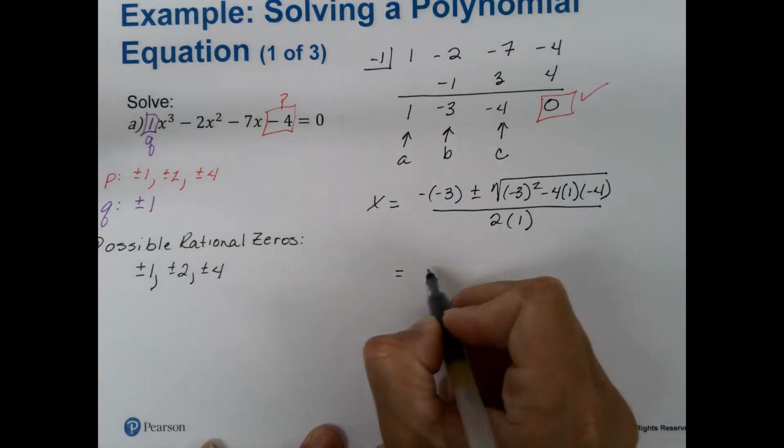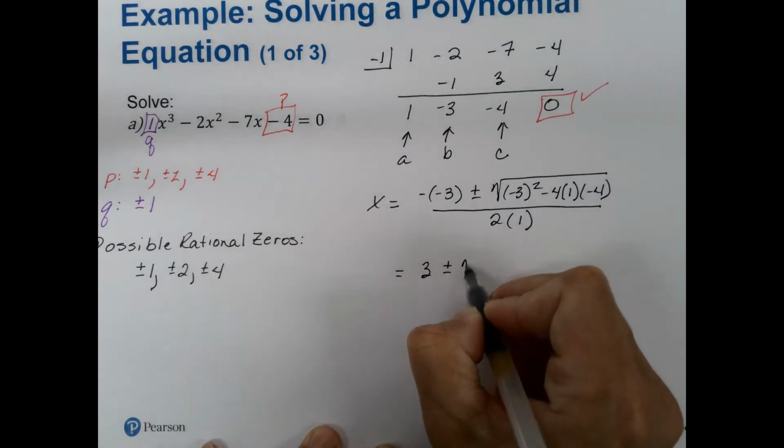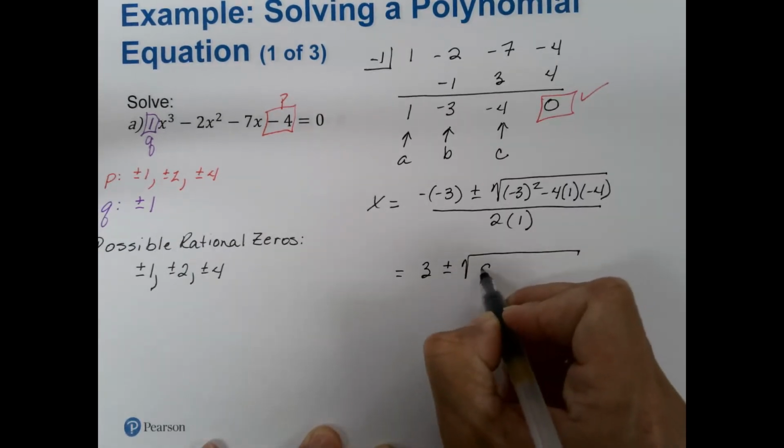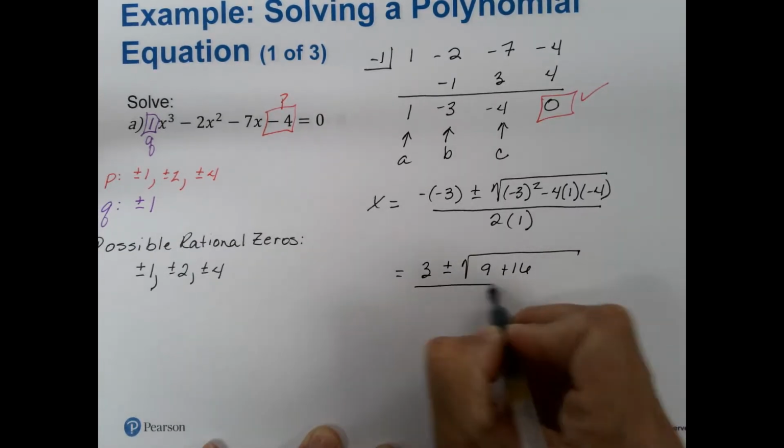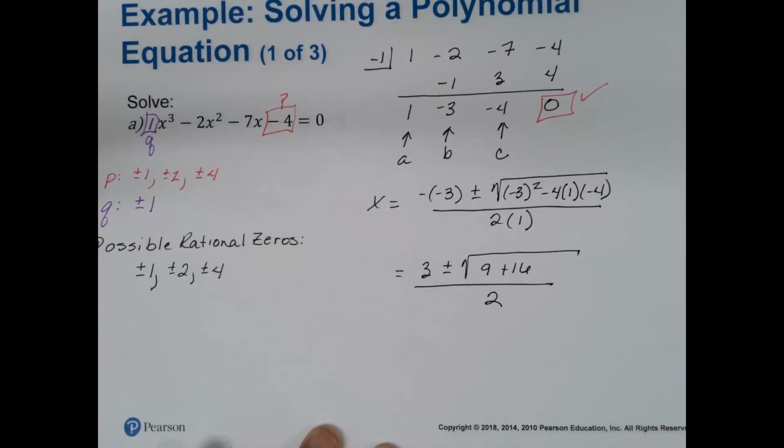So we get 3 plus or minus the square root of 9 plus 16, all over 2.